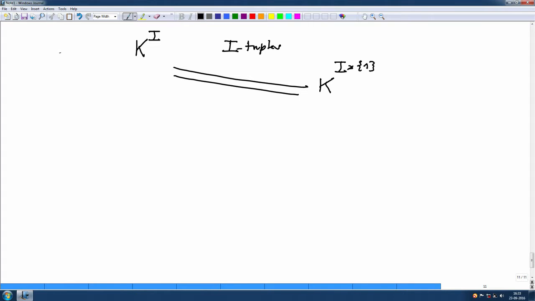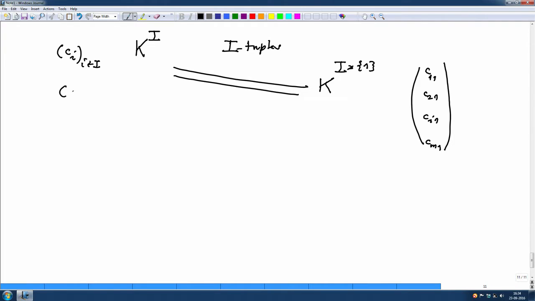So, the vector here, instead of writing a tuple like this, C_i with i varying in I, I will write it as C_11, C_21, C_i1, C_m1.